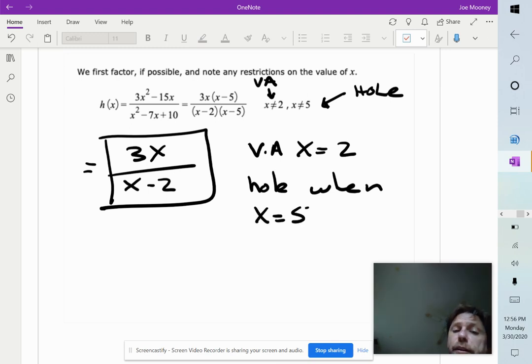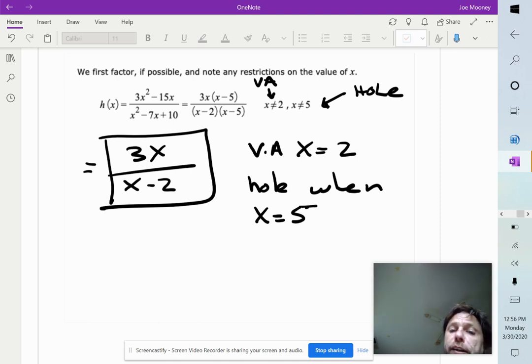Now, without getting too calculusy in here, when we approach 5 from the left and the right, the graph's not going to exist there. The reason we call it a hole is we know that this graph is going to look something like this, and when we come to the point 5, there's going to be nothing here. So what we do is we draw a big old hole to exaggerate it. Okay, so that's the hole.